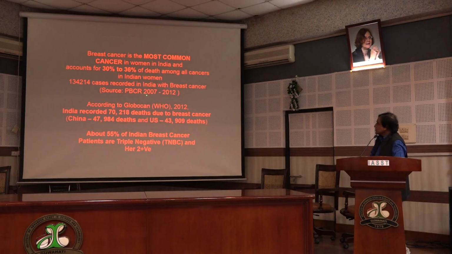According to WHO 2012 reports, India recorded 70,000 deaths due to breast cancer, China 47,000, US 43,000. And as you can see, among breast cancer there are 4 major subtypes.